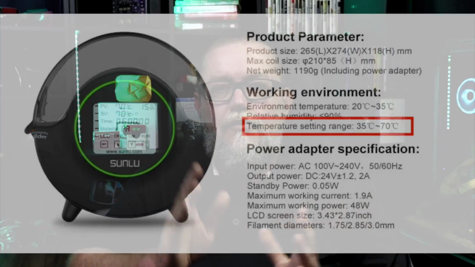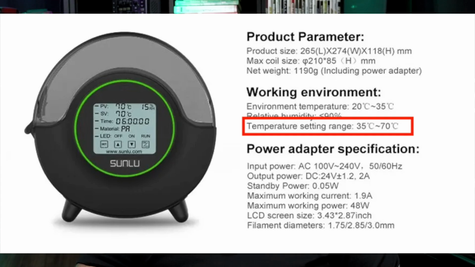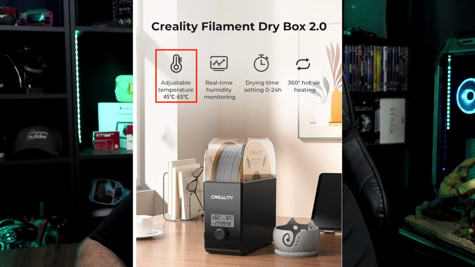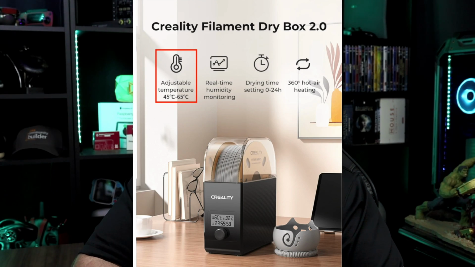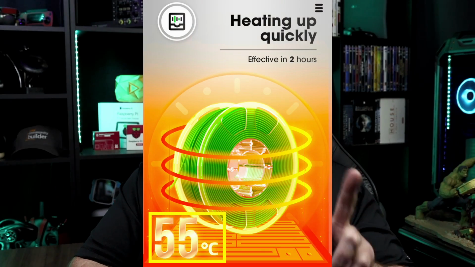Then about the moisture. If 40 degrees Celsius is not enough to dry the filaments, why do basically all the electrical dry boxes you have on the market operate at 40 to 45 degrees? This is my question. So you have two options here.